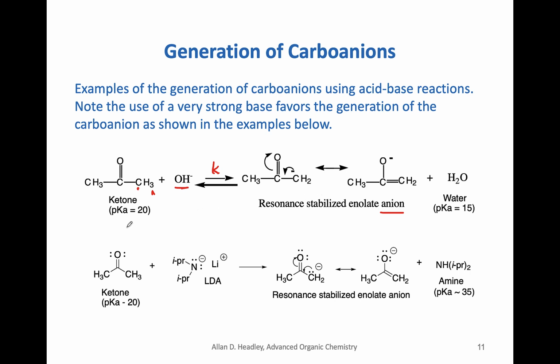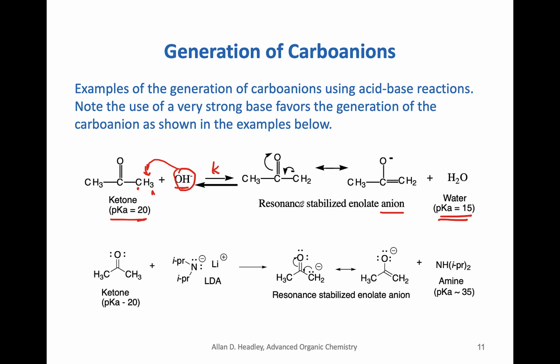One thing I want to point out here, though, is that the pKa of these hydrogens is around 20. And after the reaction is done, the pKa of the conjugate acid of this base that abstracts this hydrogen is 15.